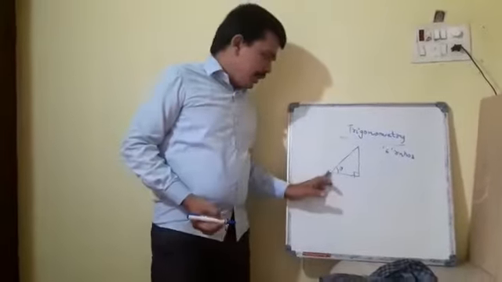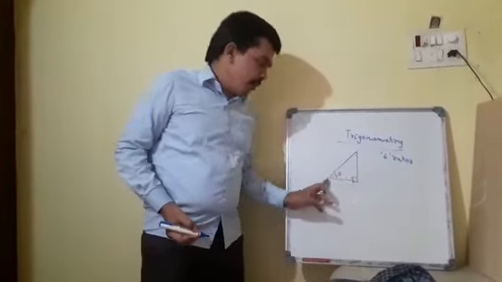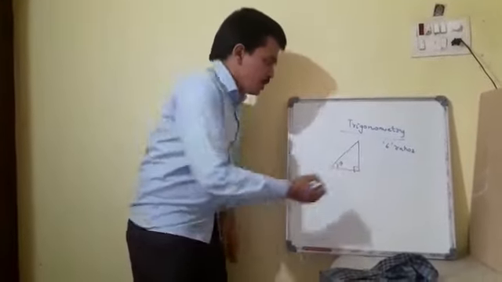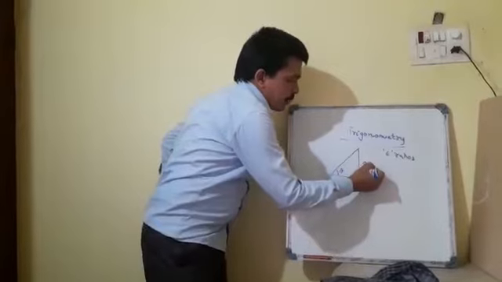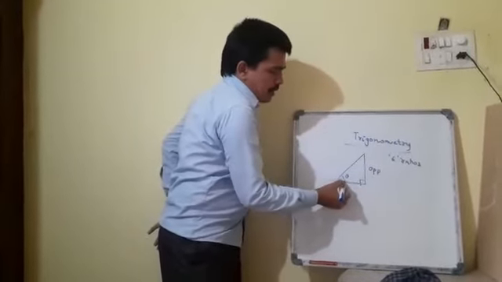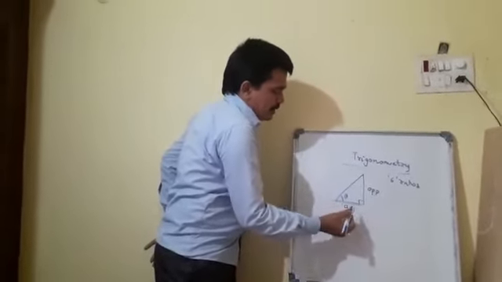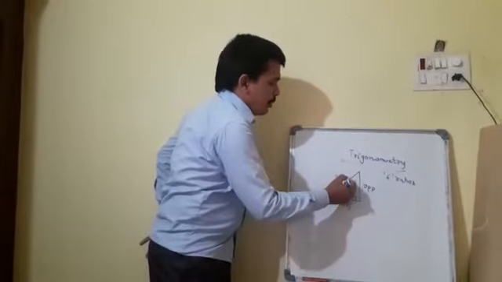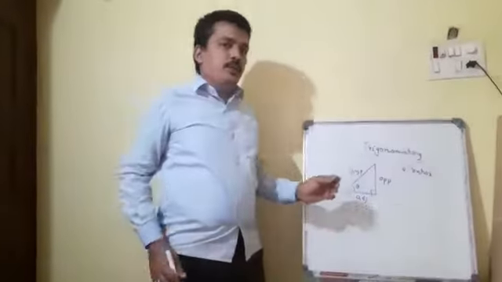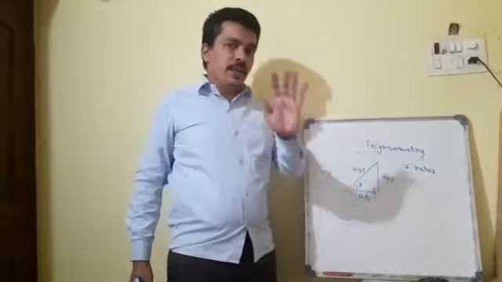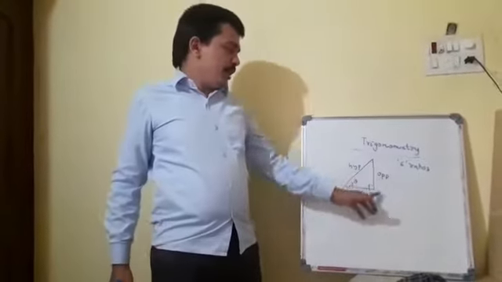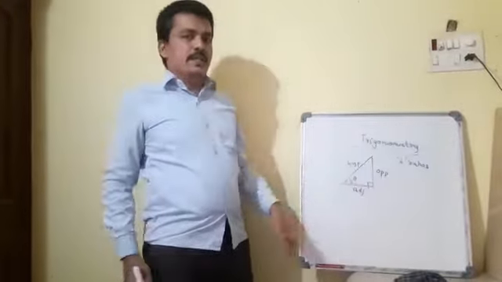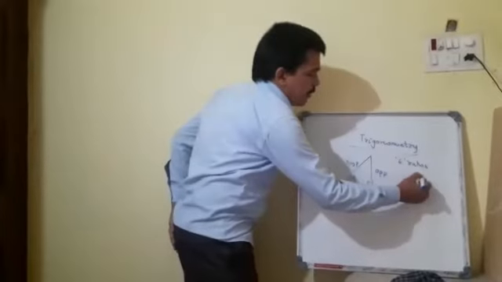See, I am standing here and I am watching this side. When I am watching this side, this side is opposite to me. Where I am standing, this side I can call the adjacent side. This side I am calling the hypotenuse. When 3 sides are taken, we get 6 ratios. Which ratios will I get?